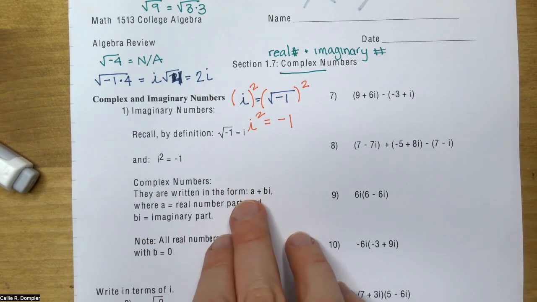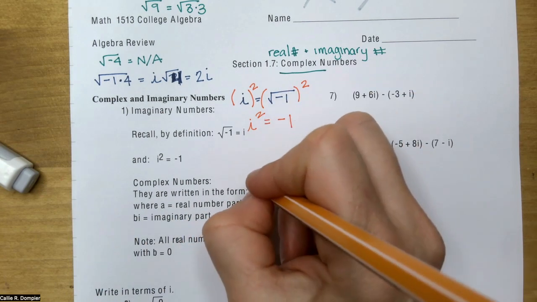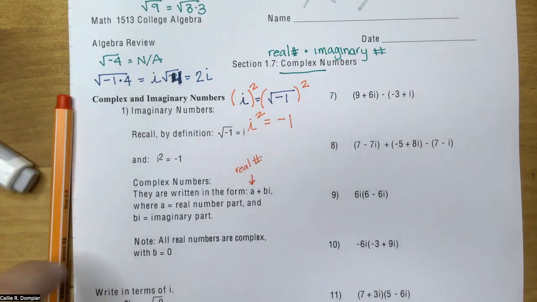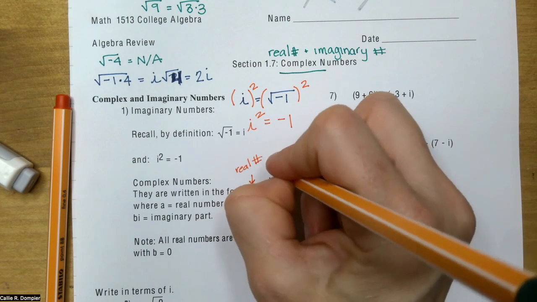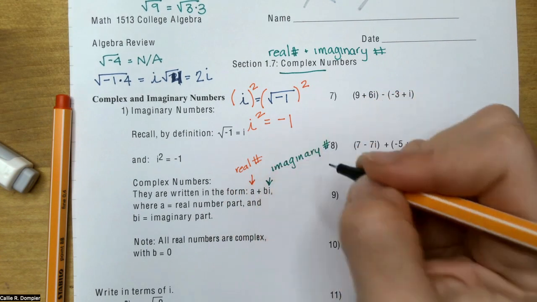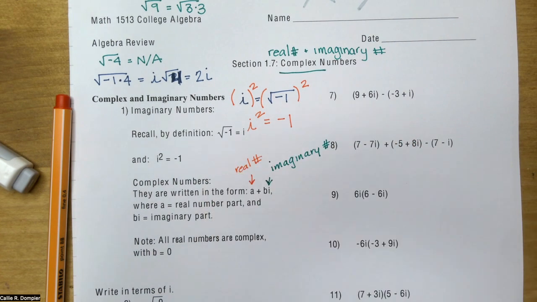Complex numbers are written in the form a plus bi, where a is the real number part and bi is the imaginary part. So a is a real number, and bi is an imaginary number because it has the i. So i isn't really a variable, but in a lot of cases you can treat it like a variable. It's the symbol that we use to represent the square root of -1.